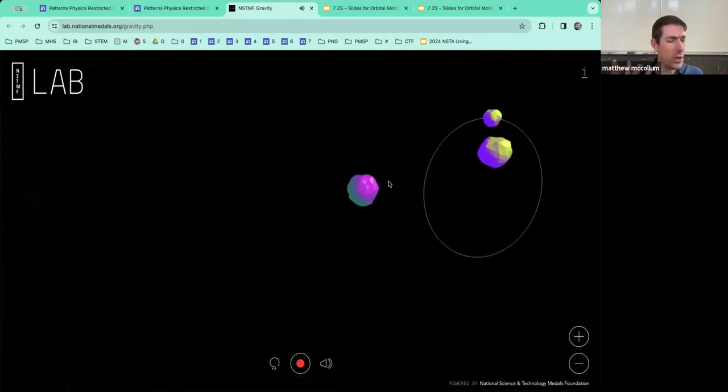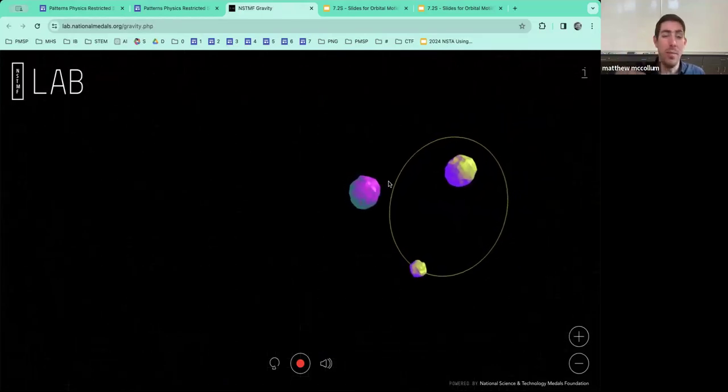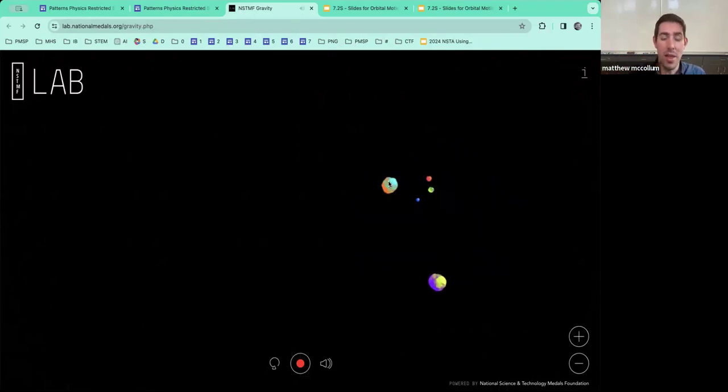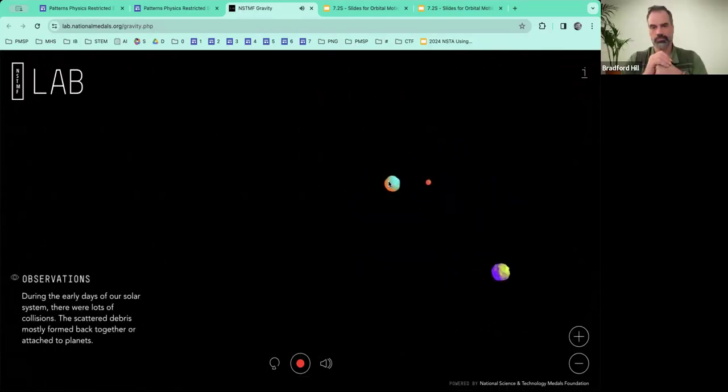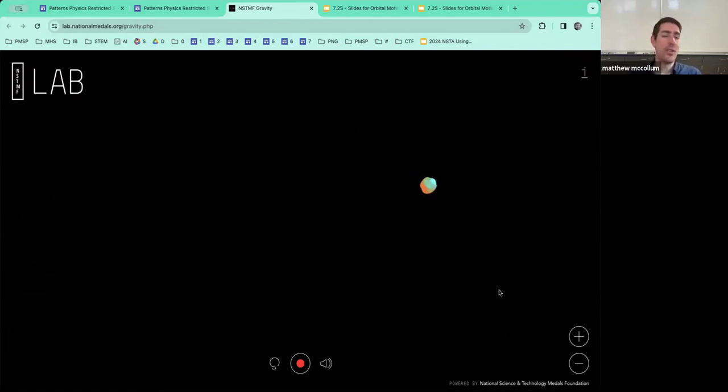It's a little bit harder for students to work with, and actually they're better at it than I am because they can use their touch screen and flick the planets. It does a good job of coming up with some observations as they're playing around with it. So it's just another kind of fun extension.